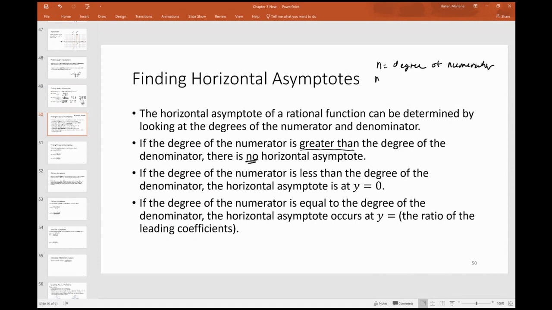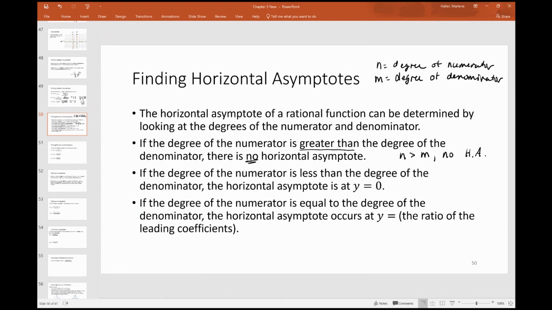And we'll let m, I guess, be the degree of the denominator. All right. So what this is saying here is if n is greater than m, there's no horizontal asymptote. Does not exist. There just isn't one.